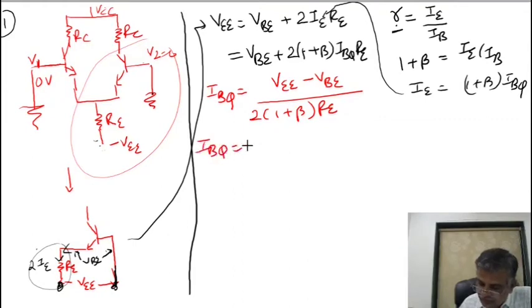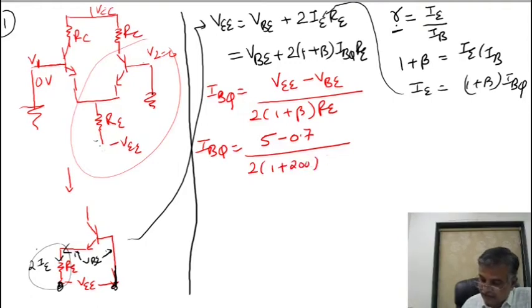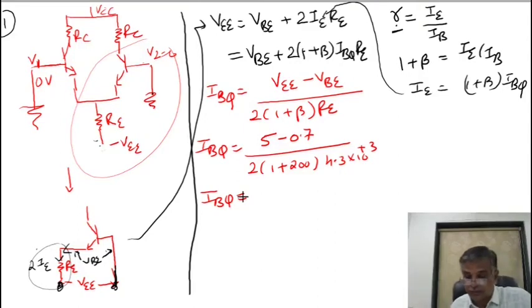IBQ is equal to 5 volt minus 0.7 upon 2 (1 plus 200), RE they have given as 4.3 kilo ohm. You have to check the calculation at your place.